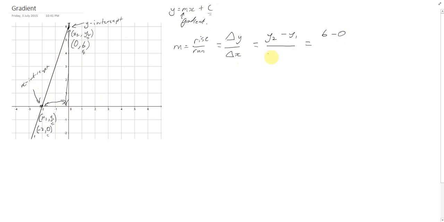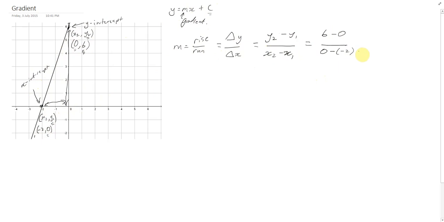Similar to that, the change in x is x2 take away x1, where x2 is 0 and x1 is -2. So it is 0 take away -2.